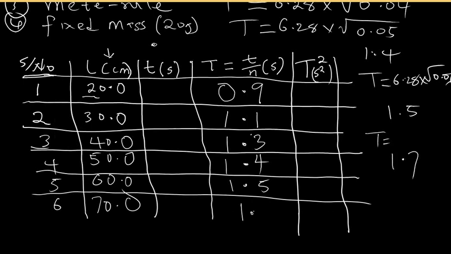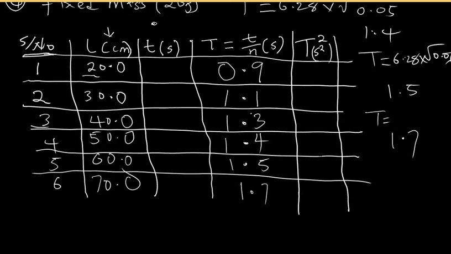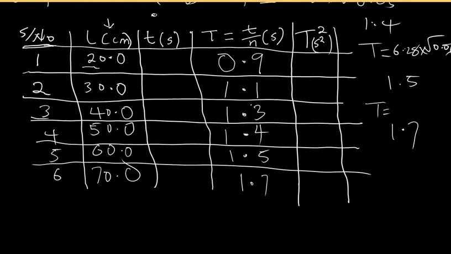So with this now, this is really what is necessary. This column and this column, the two necessary columns, are very important. They are the length and the period square, because this is what we're going to use for our graph.